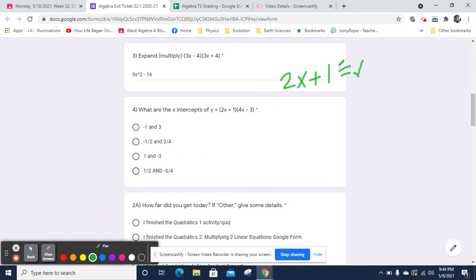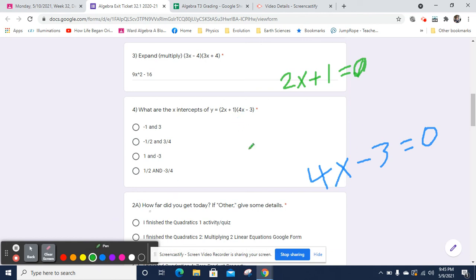And then we also have 4x minus 3 equals 0. So once you set those to be equal to 0, you'll be able to find the x value that would make them equal to 0. And so that's what we're going to do.